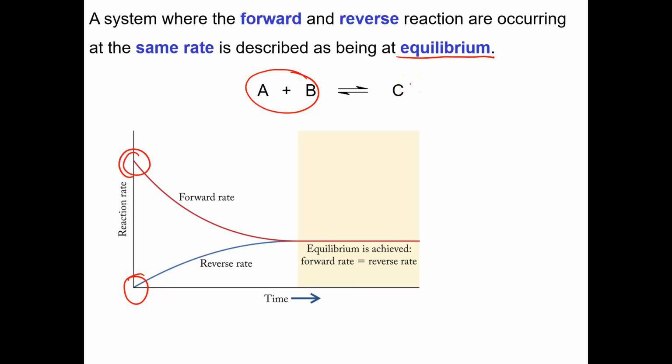But as the reaction progresses, A and B get used up, therefore the rate of the forward reaction decreases, but C gets produced and increases in concentration, so the reverse rate increases. Eventually you reach a point where the forward rate equals the reverse rate, and we say that equilibrium has been achieved. So a system where the forward and the reverse reaction are occurring at the same rate is described as being at equilibrium.